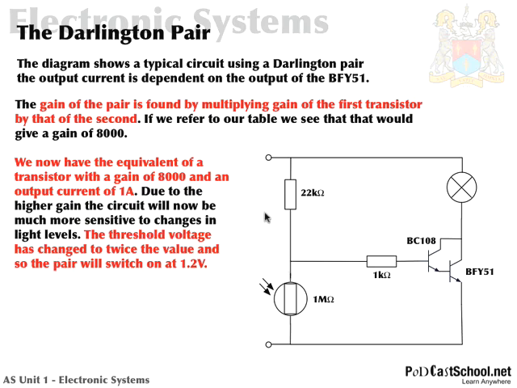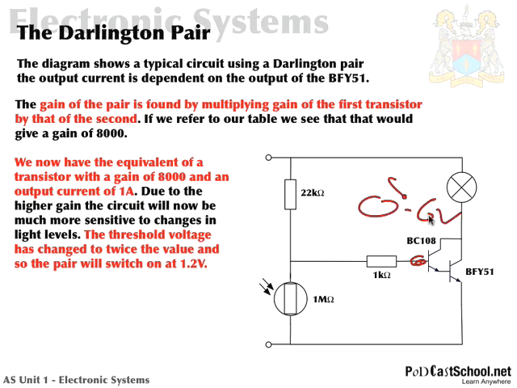So if you imagine this circuit as before with the potential divider here, the threshold voltage, and this is crucial, has changed to twice the value, and so the pair will switch on at 1.2 volts. Remember before, the threshold voltage at the base was 0.6.